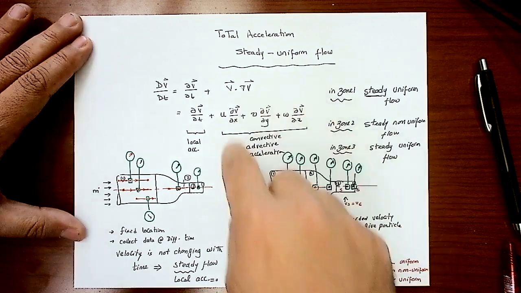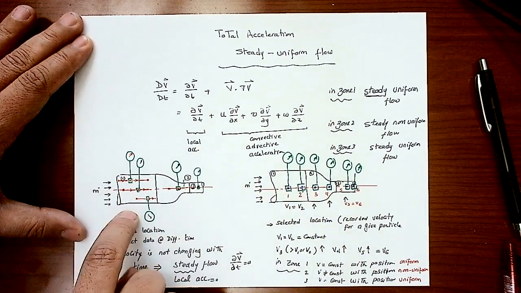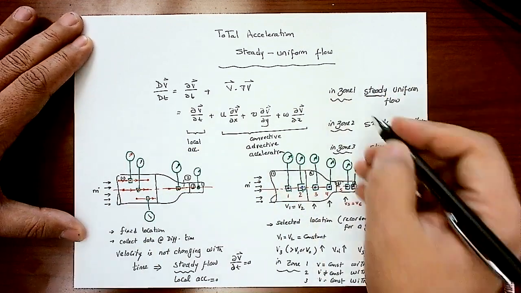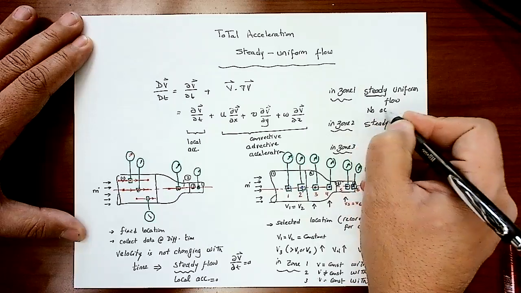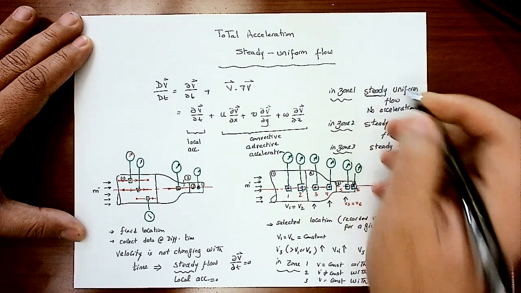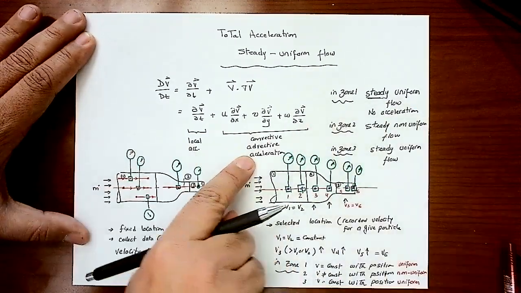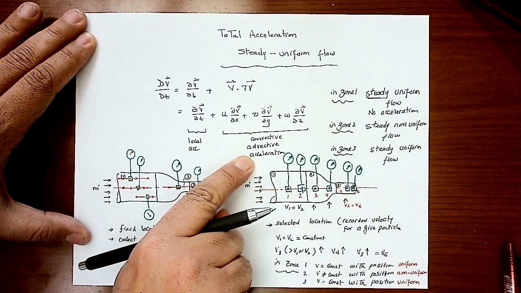This term goes away for uniform, and this term goes away for steady. So if in zone 1 you have steady uniform flow, this means that there is no acceleration at all. Steady will cause the local acceleration to vanish, and uniform will cause the convective or advective acceleration to vanish.